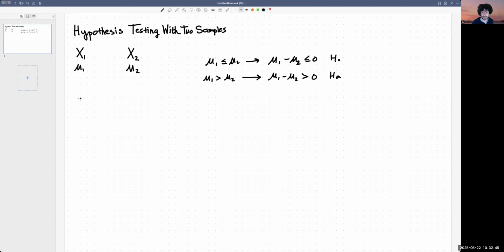The way we might conduct a test, similar to the tests we've thought about in the past, is we go and get a sample. But in this case, we'd be getting a sample from two different distributions, x1 and x2.